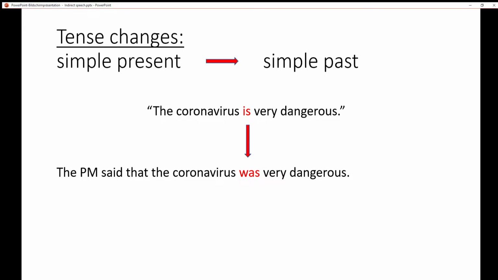So what the Prime Minister says is in the simple present, is, and the tense change that you have to make here is from the simple present to the simple past. So the coronavirus is very dangerous becomes the PM said that the coronavirus was very dangerous. So simple present in indirect speech becomes simple past.